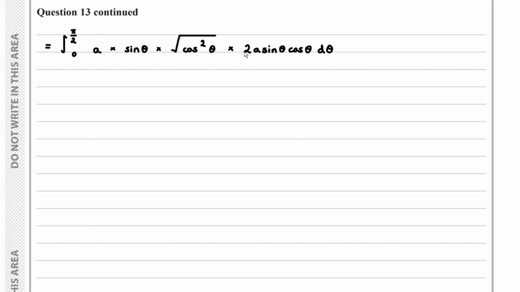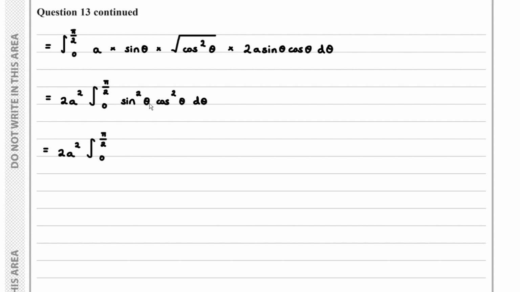So I have 2 multiplied by a, so that's 2a squared, and then I've got the integral from 0 to pi over 2, and then here I've got sine theta times sine theta, that's sine squared theta, then I've got the square root of cos squared theta, which is just cos theta, multiplied by another cos theta, so that's cos squared theta, and don't forget your d theta.